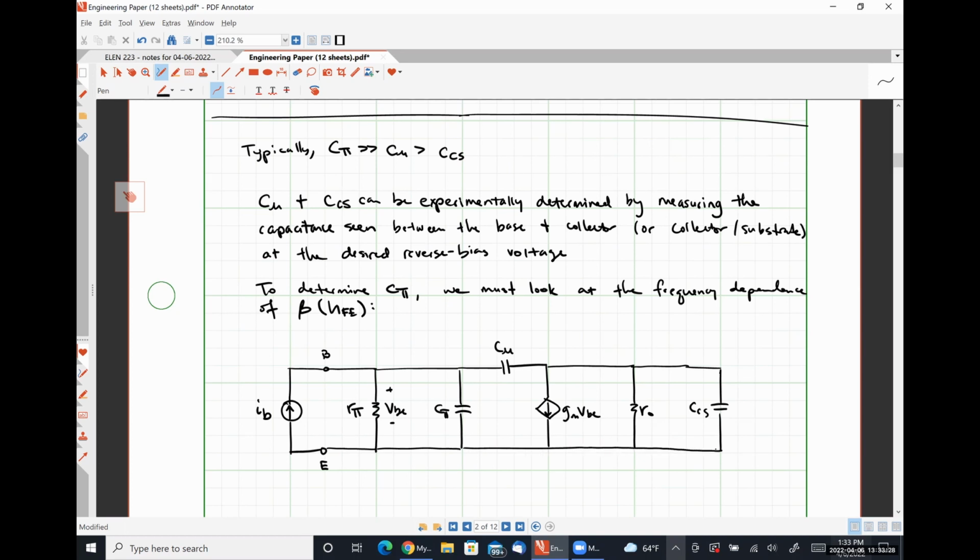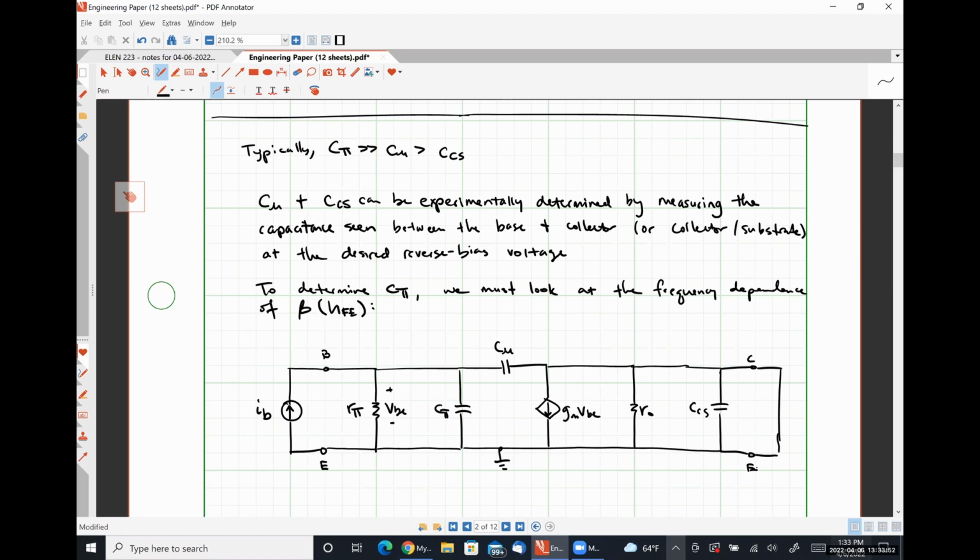This whole bottom node is ground. One thing that is not intuitively obvious that we are going to do, so I'm going to explain that, is we're going to short our collector and emitter terminals. Let's talk briefly about why, and the answer is actually kind of obvious.